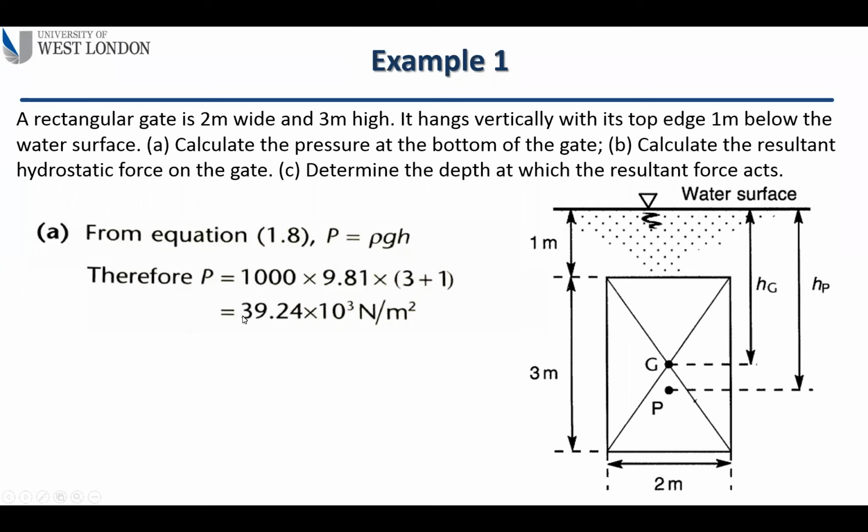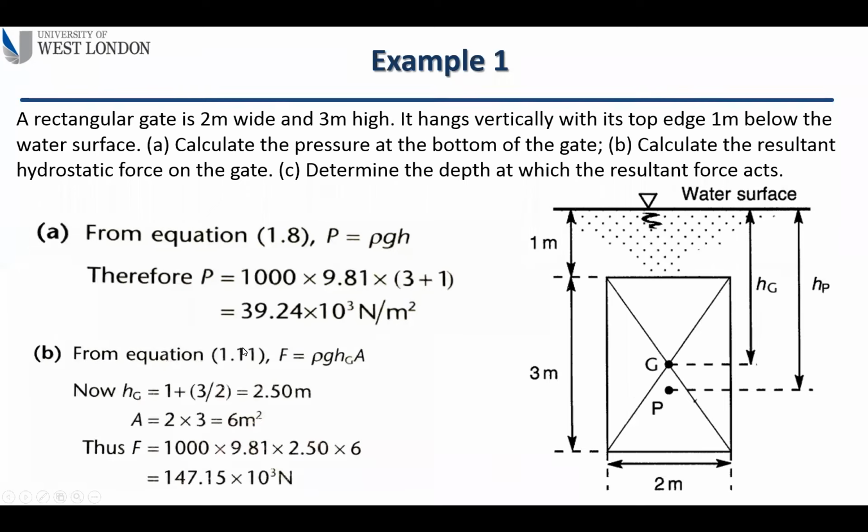So times 4, the result is 39.24 times 10 to the 3 newtons per square meter, or 39.24 kilonewtons per square meter, or kilopascals. This is the result for section A, as simple as this.